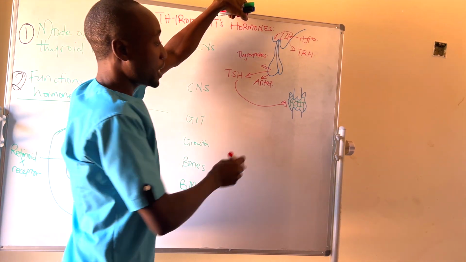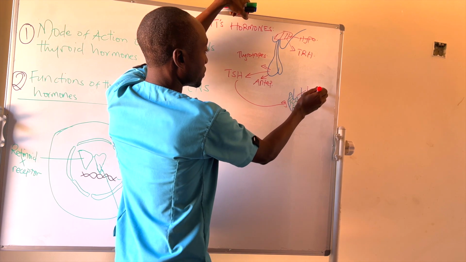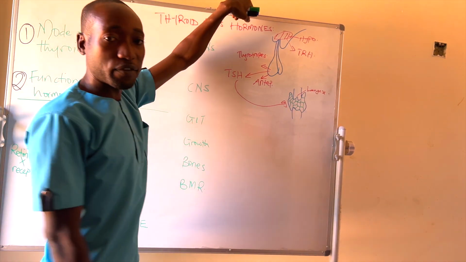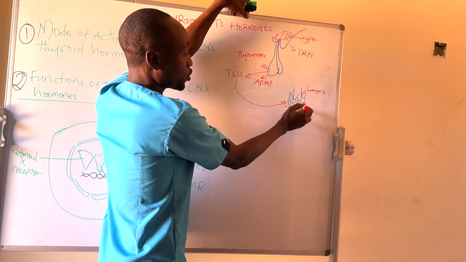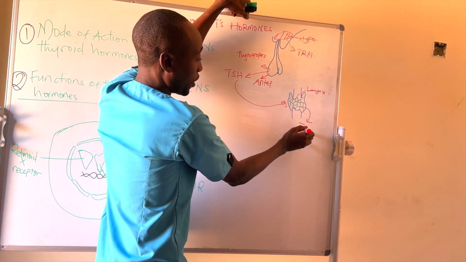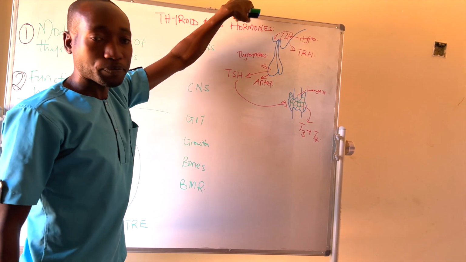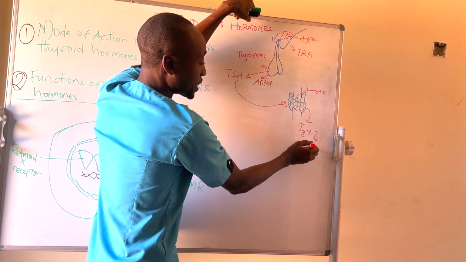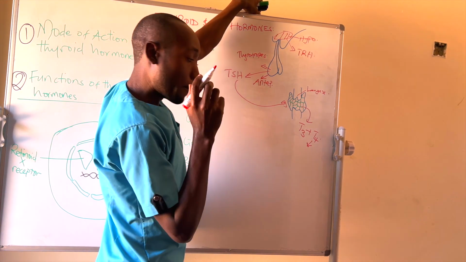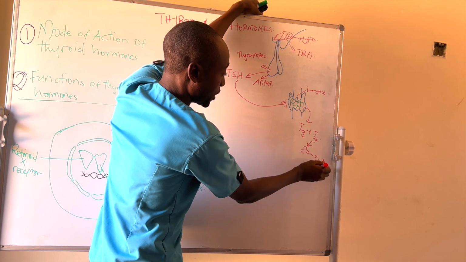Remember, our thyroid gland is found just below the larynx, or what we refer to as the voice box. And it instructs it to produce hormones T3 plus T4. T4 is the hormone that is produced in the largest amounts, about 80 to 90%.